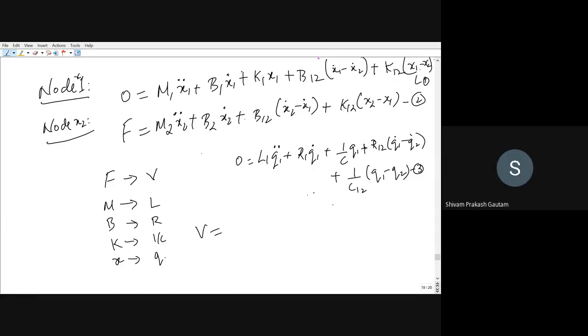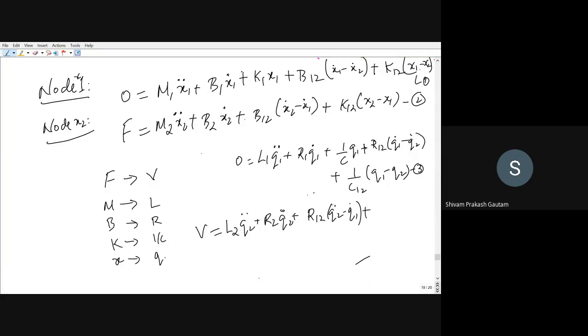Voltage is equal to M2, analogous to the inductor L2, Q2 double dot, plus B2, which is R2, Q2 dot, plus B12, which is R12, Q2 dot minus Q1 dot.